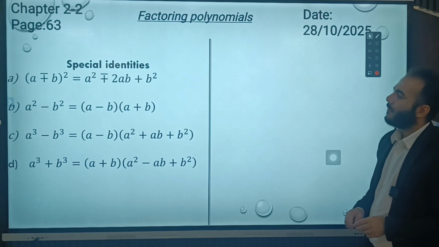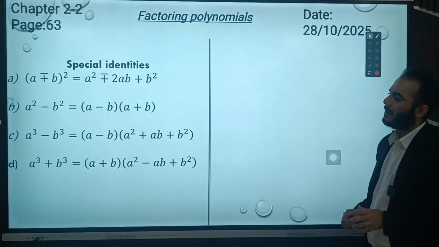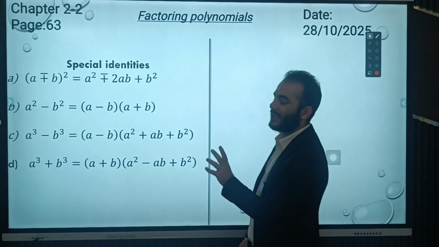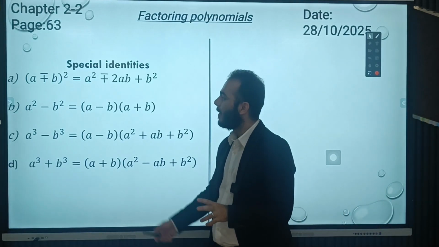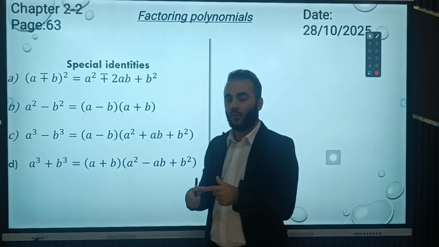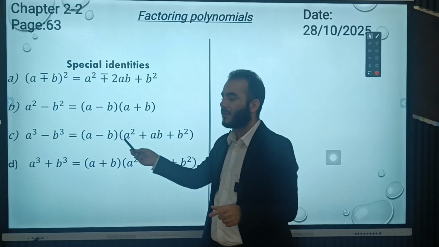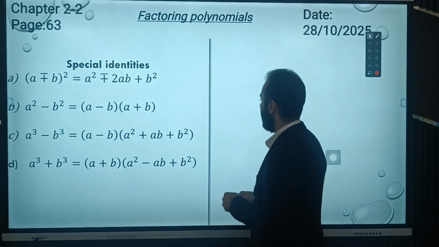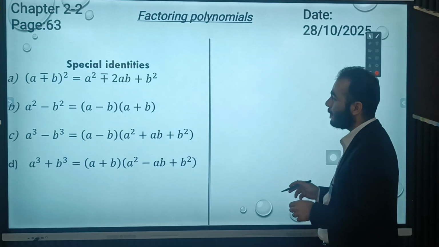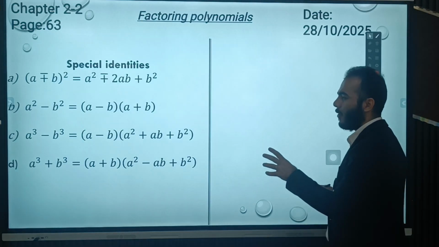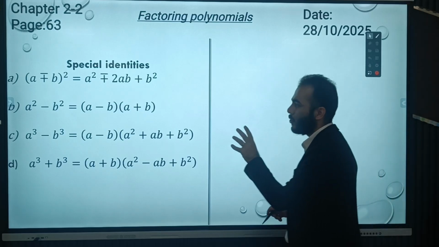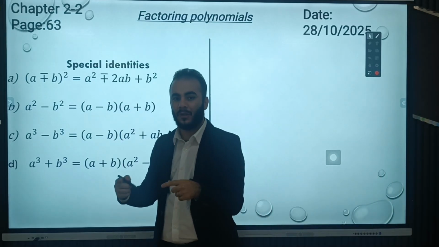All right, so the first item, we have 4 special identities: square of a difference, square of a sum, and so on. These are the names of them. That is the difference between 2 squares. This is the difference between 2 cubes, and that is the sum of 2 cubed numbers. All right. In class we already discussed them a lot, so let me just shortly tell you how we deal with them.